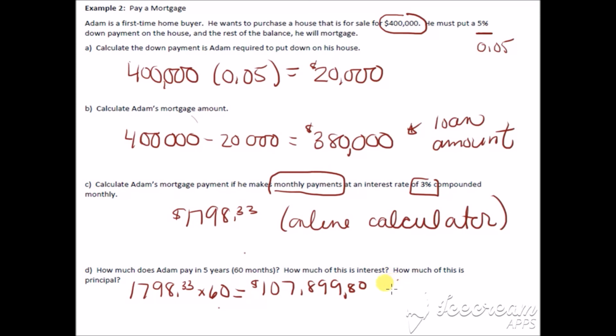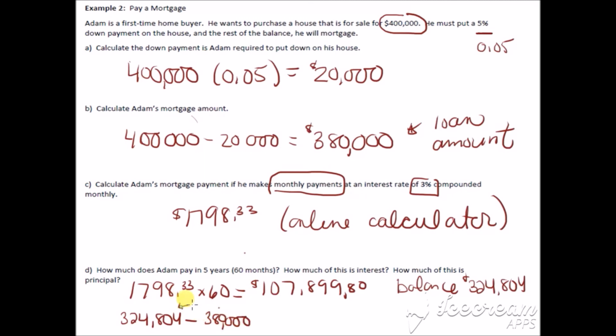So if he'll have a balance of 324,804, what's going to happen here is, if you think about it, 324,804 minus his original amount, which is 380.